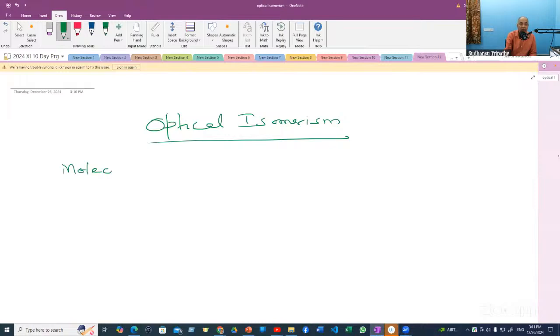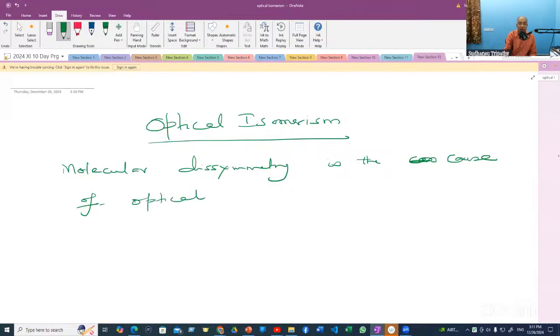Molecular dissymmetry is the only cause of optical activity and optical isomerism.